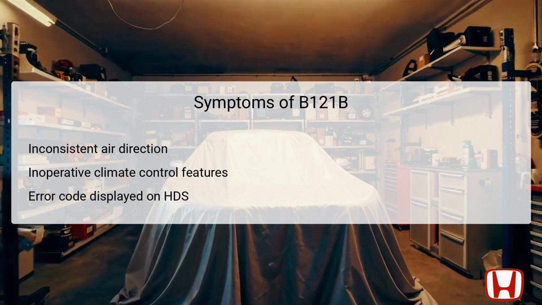Additionally, the error code will often display on the Honda Diagnostic System, HDS, alerting the technician to the underlying electrical issue. Recognizing these symptoms is essential for diagnostic accuracy and can help technicians narrow down the troubleshooting steps needed to address the underlying problem effectively.